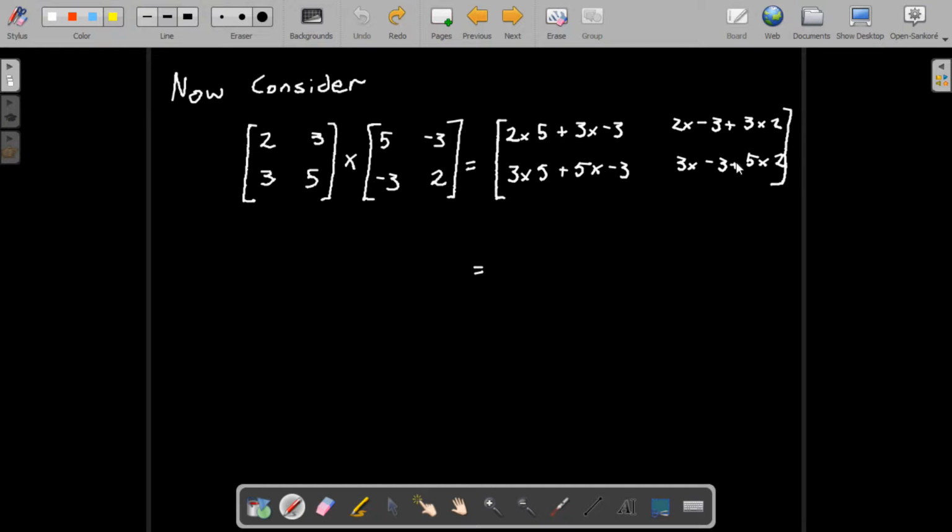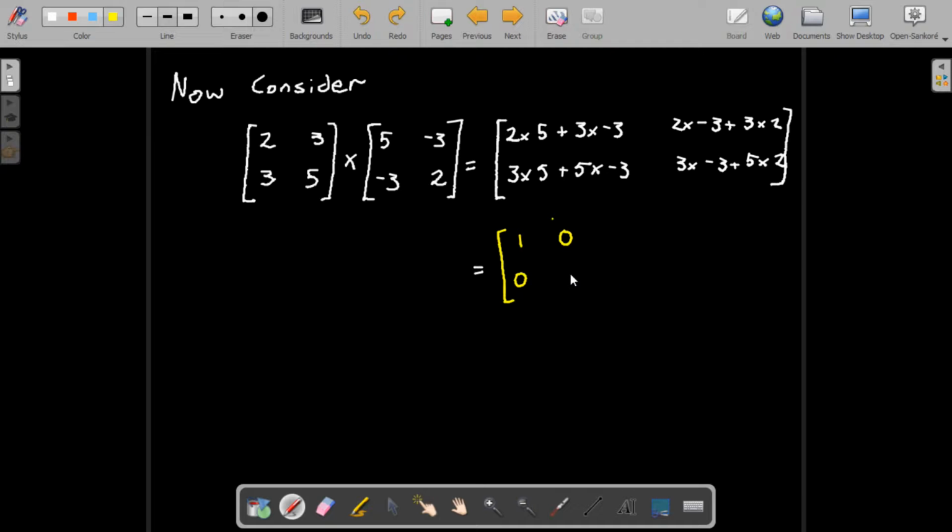Once you've filled those out, you should get this: 2 times 5 plus 3 times minus 3. If you work that out, you should get a 1. In the next position, 2 times minus 3 is negative 6 plus positive 6, we should get 0. Down here, 3 times 5 is 15 plus 5 times minus 3, we'll get another 0.